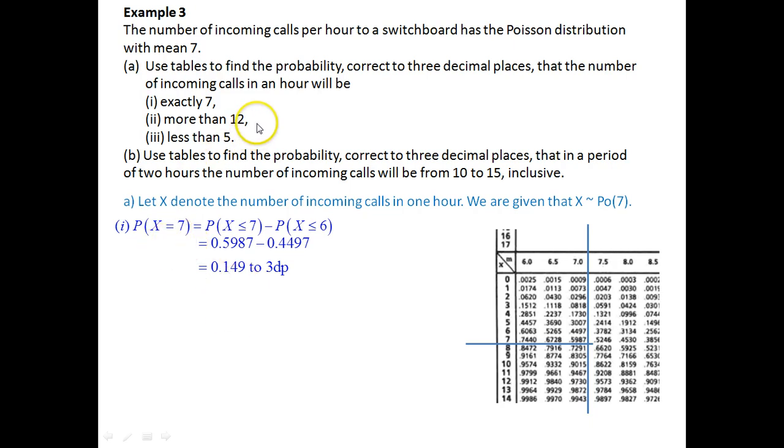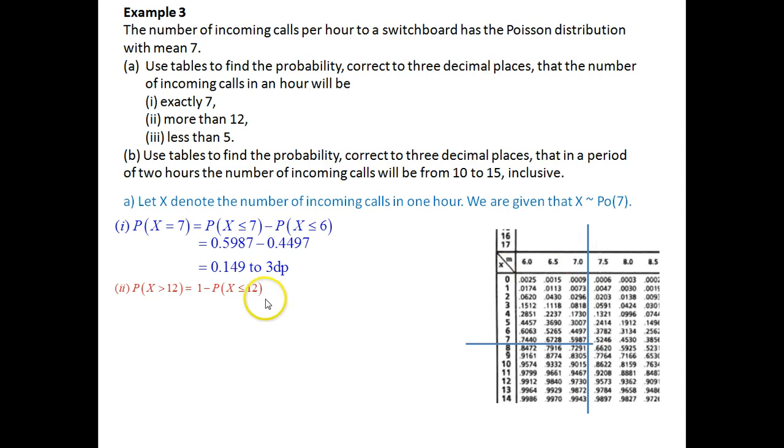If we want more than 12, so we want greater than 12, so that means our tables give us up to a point. So that is the same as 1 take away up to and equal to 12. We've still got 7 as our lambda.